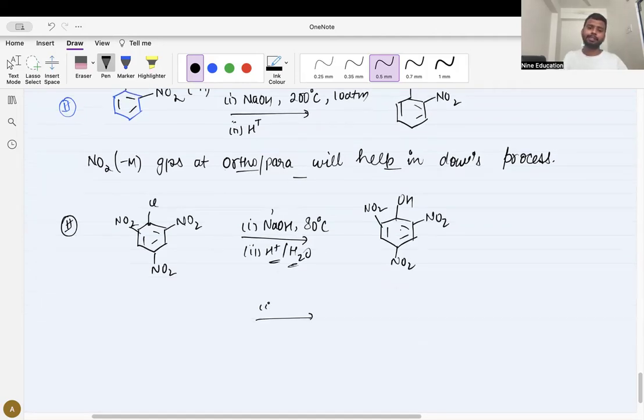See, in this reaction if I don't put any H positive and H2O, what will happen? Our product will be O negative only, and we won't get phenol, we won't get OH. So if I want OH to come, I should change the medium from basic to acidic.